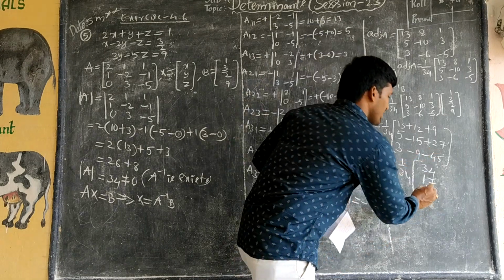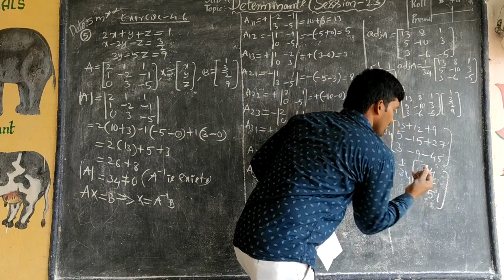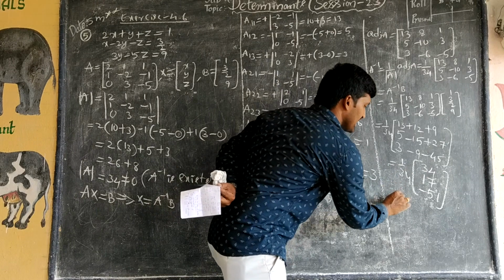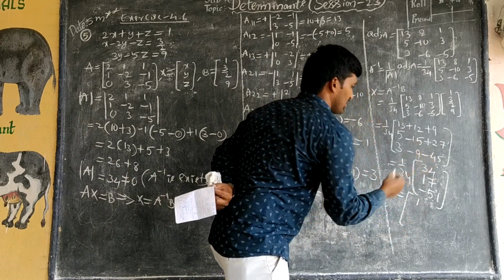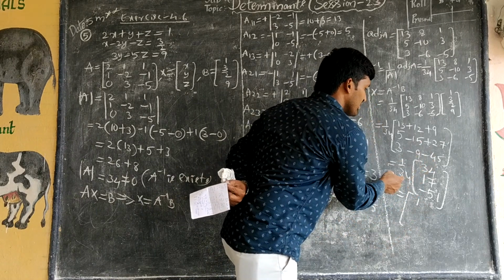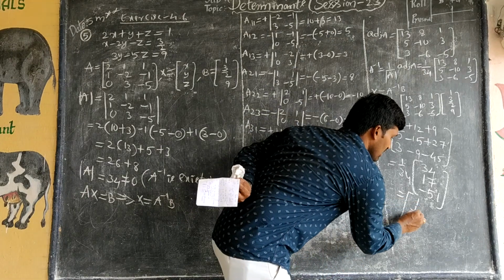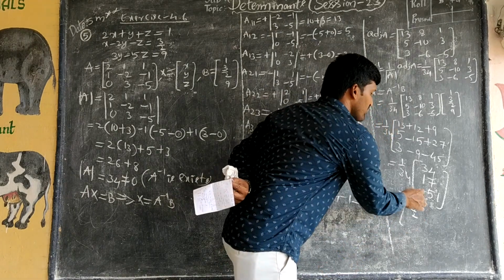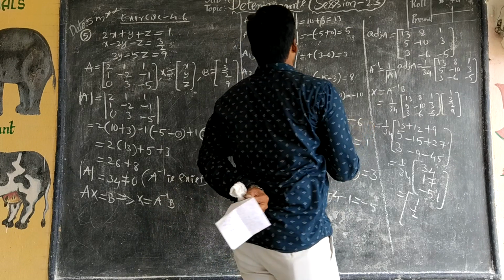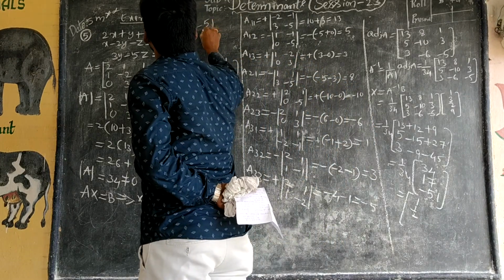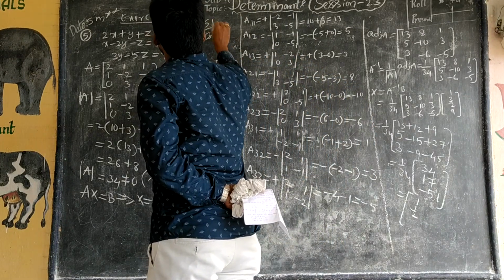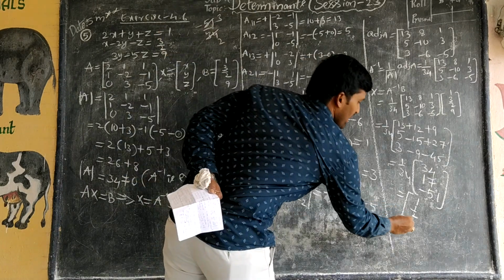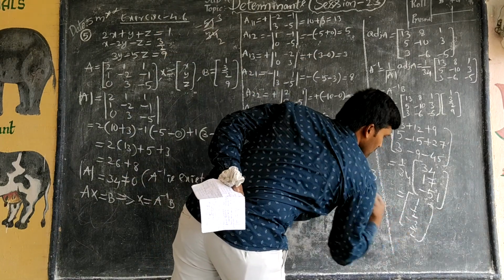Minus 6 minus 45 is minus 51. If you divide 34 inside, 34 by 34, 1. 17 by 34, how much will you get? 1 by 2. Minus 51 by 34 means 17 twos are 34, 17 threes are 51. Total minus 3 by 2 we will get.